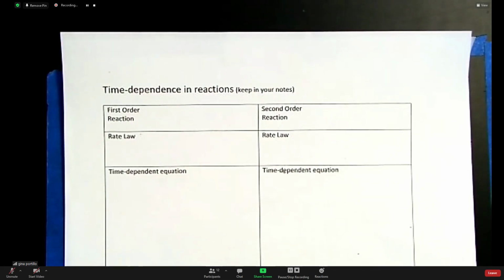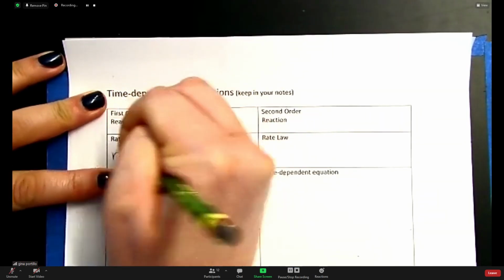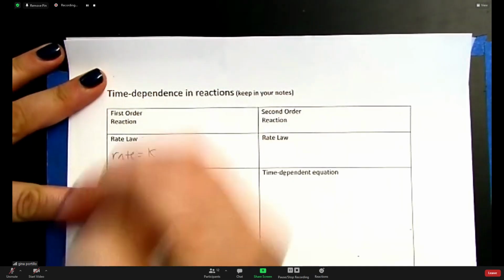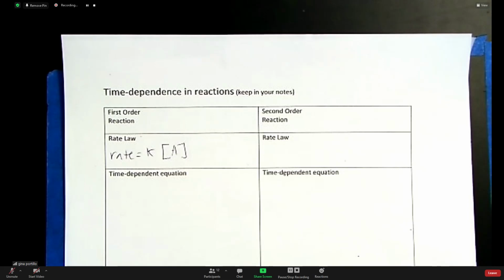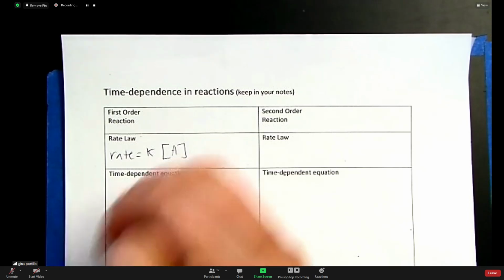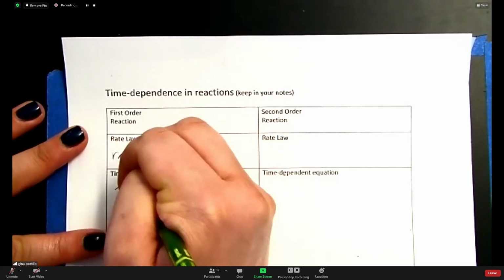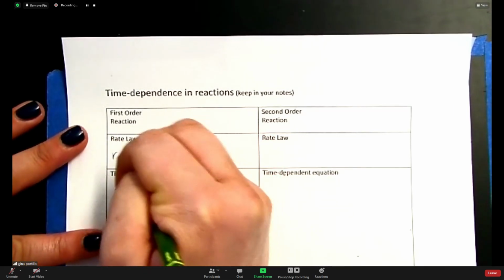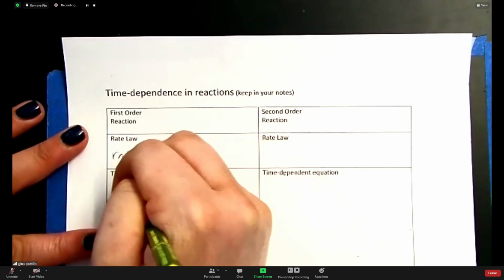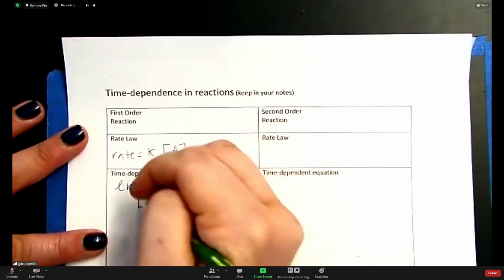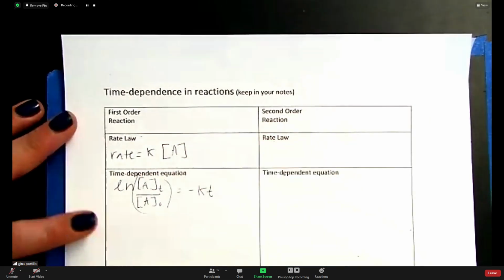All right, so for a first order reaction, our rate law is equal to your constant times 1 reactant, to be first order. If we took the integral of that, we did a little calculus, it would be natural log of your concentration of A at whatever time over your original concentration of A is equal to negative your rate law constant times whatever time.